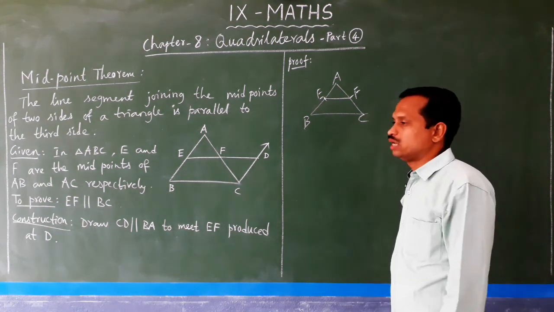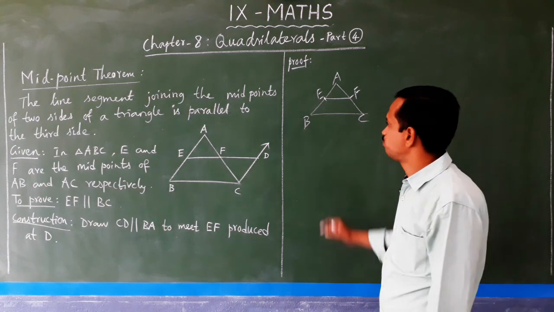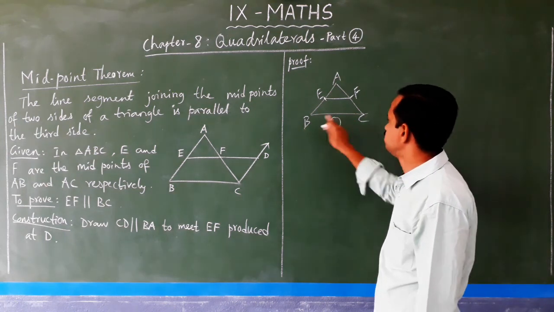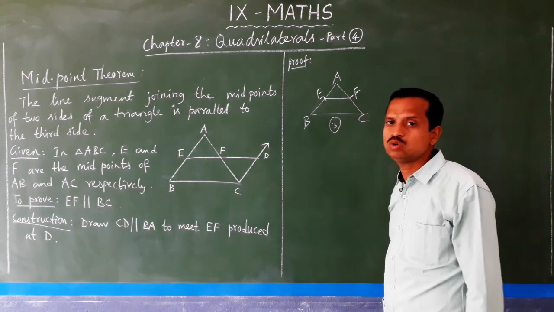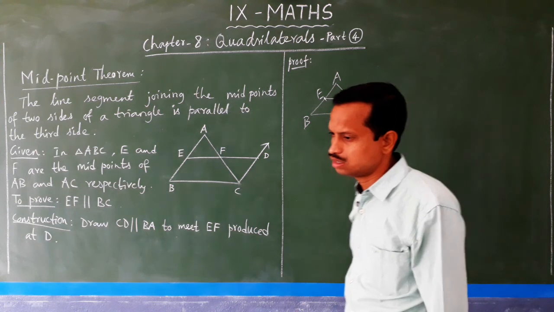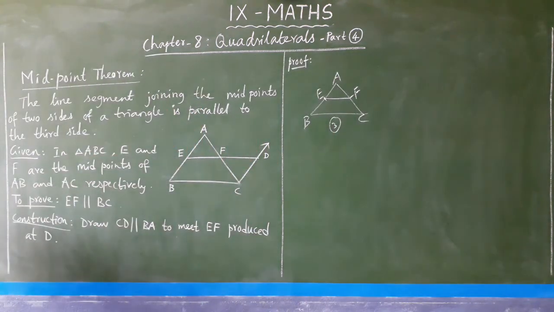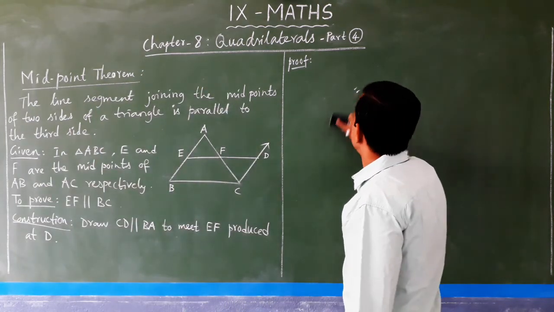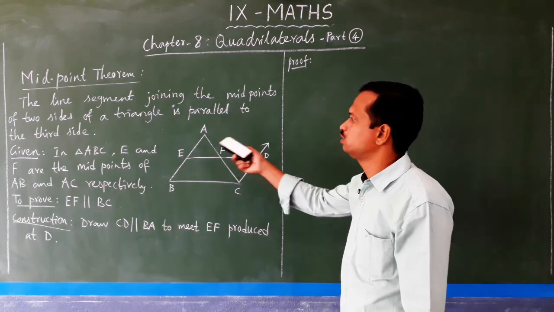So the line segment joining the midpoints of two sides of a triangle is parallel to the third side, meaning the third side, BC. So we have to say EF is parallel to BC.